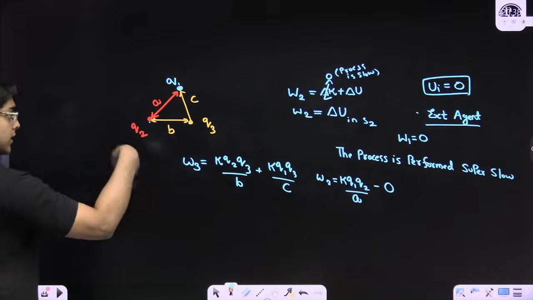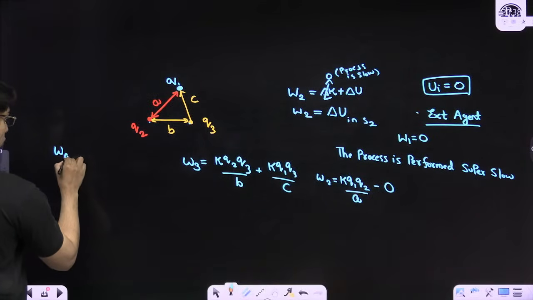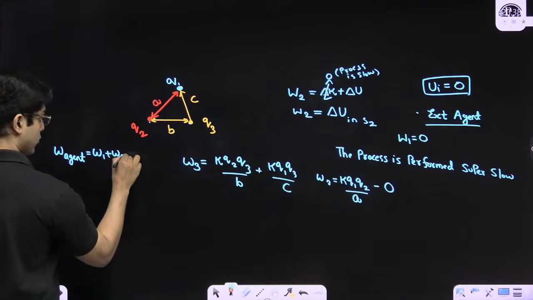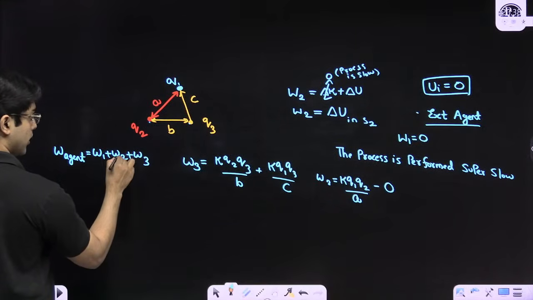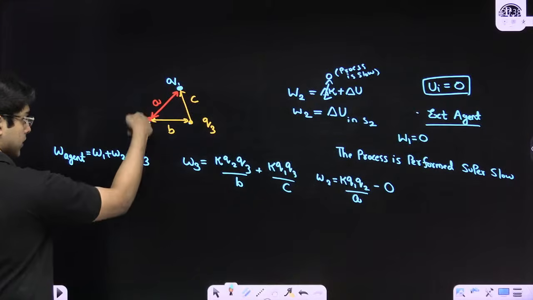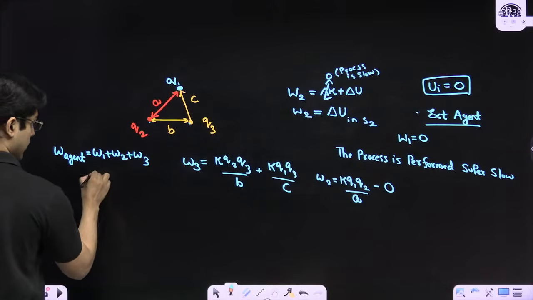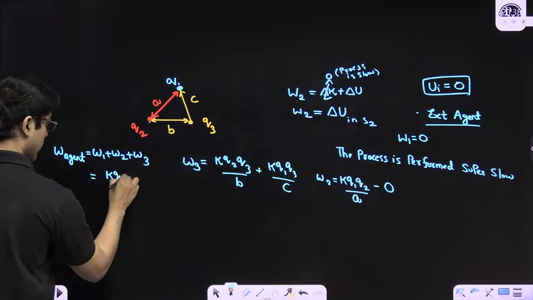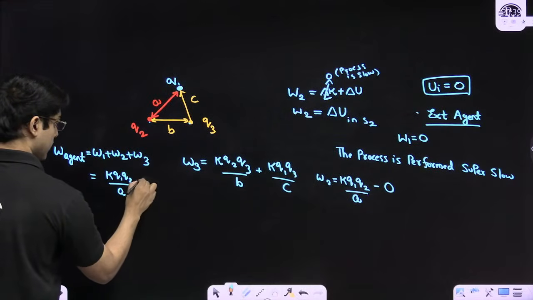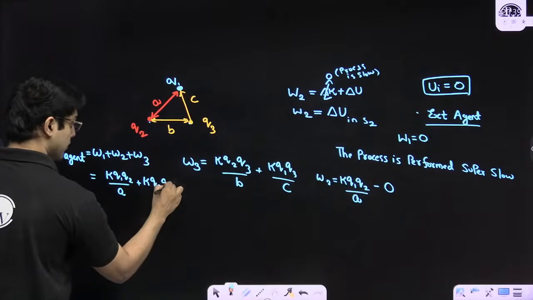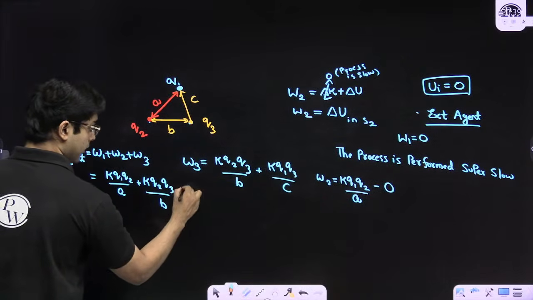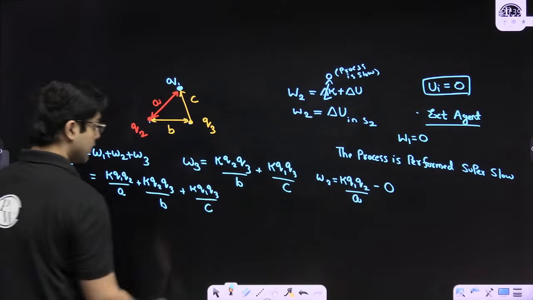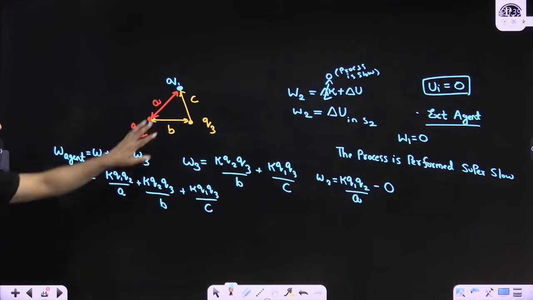So what is the total work done by the agent? The total work done by the agent is basically W1 plus W2 plus W3. First he brought Q1, then Q2, then Q3, so all three charges were arranged one by one. Just add these. The answer is K Q1 Q2 divided by A plus K Q2 Q3 divided by B plus K Q1 Q3 divided by C. This is the work done by the external agent in building the system.